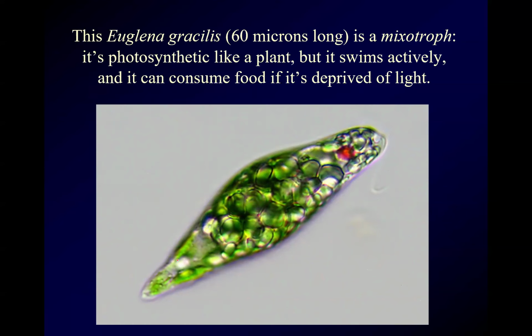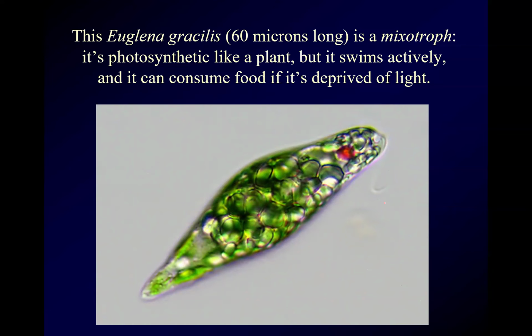This thing can sense light and will swim towards light in order to photosynthesize, but it does swim actively. You can't clearly see them in this picture, but it's got a couple of very thin hair-like organelles called flagella sticking out of the cell that beat back and forth, enabling this to swim.